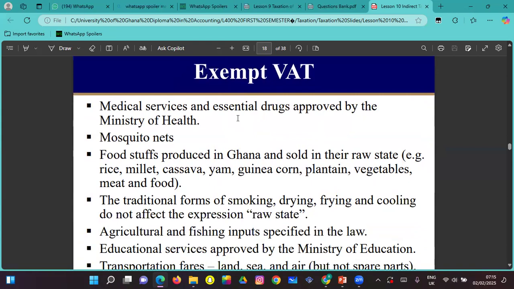That's why the one that we import is different. Food produced in Ghana in its raw state does not attract VAT, so the price is significantly lower compared to the rice that was imported. Examples are rice, millet, cassava, yam, guinea corn, plantain, vegetables, meat, and fish that are produced in Ghana in their raw state.